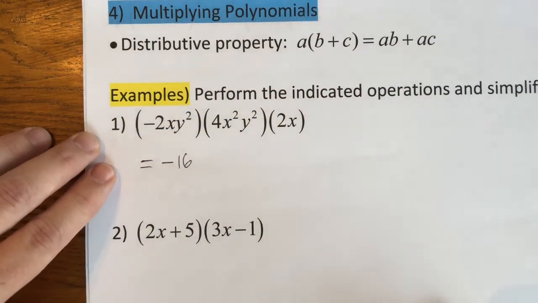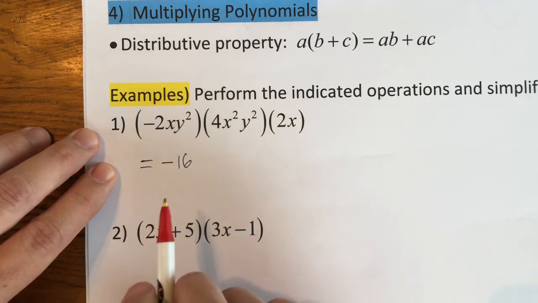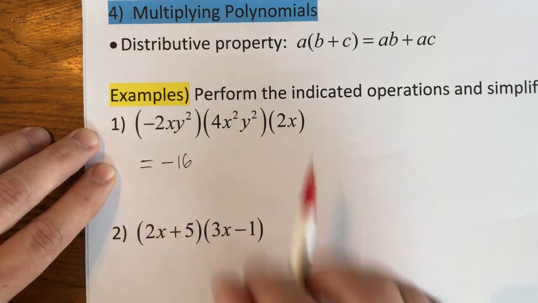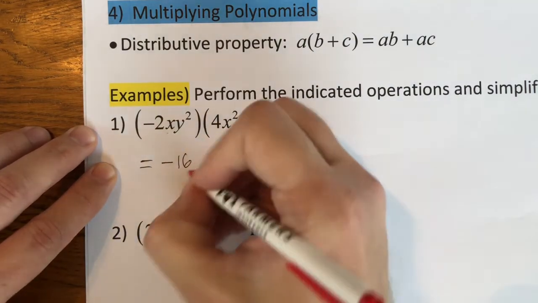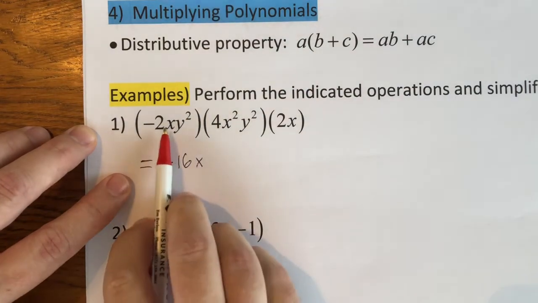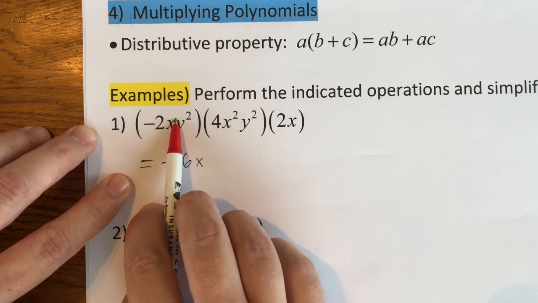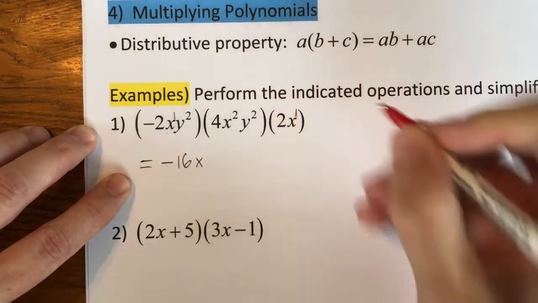The next thing we have to do is identify all of the x bases. Remember what we're going to do here. When we multiply like bases, we're going to add exponents. So let's go ahead and write down the like base, and then add the exponents together. This is really x to the first, right? X to the first, as is this.